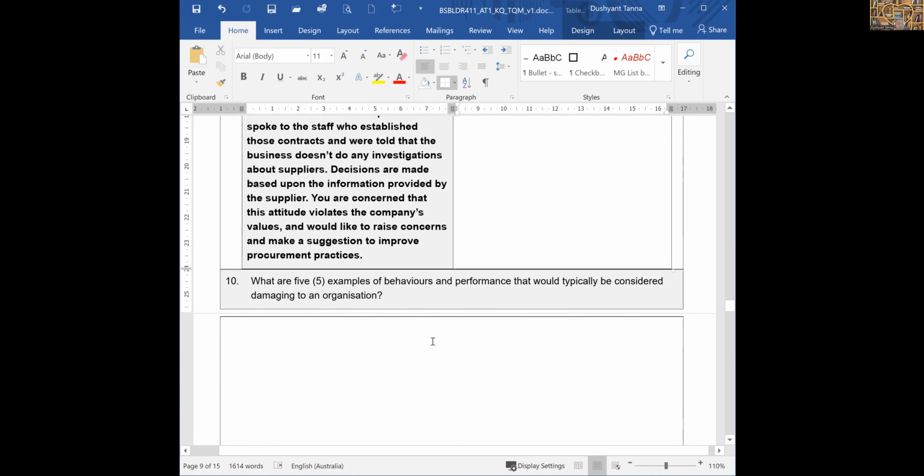Okay. What are 5 examples of behavior and performance that would typically be considered damaging an organization? Like we had talked about it, but you are just writing them back here. It could be speaking ill of the company, not keeping the promises, lack of integrity, lack of open communication, failure to stick to policy procedure, all that kind of thing.